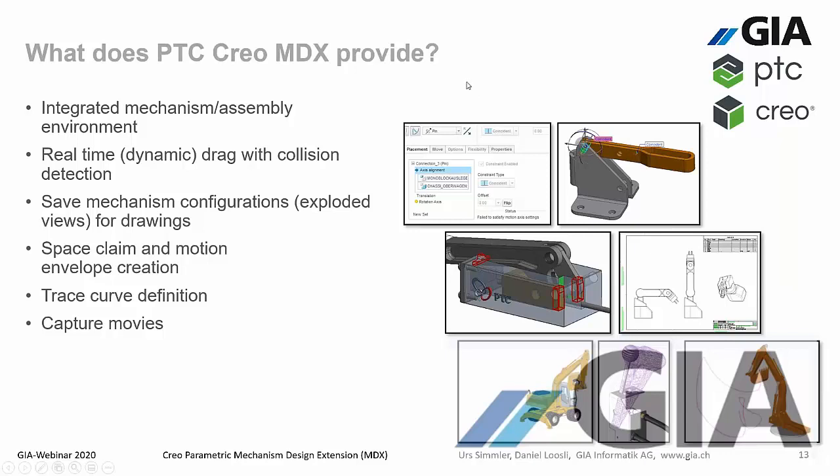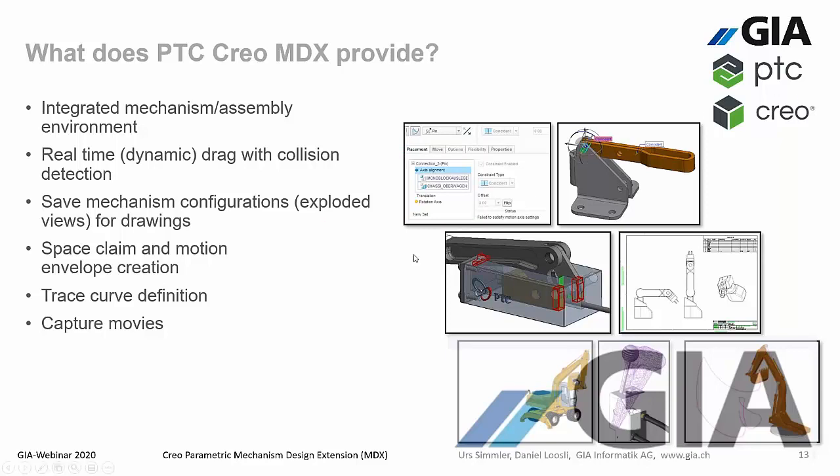And I think it's quite easy to use because it's integrated in PTC Creo Parametric. You're in assembly mode and you just assemble your components with so-called connections. Instead of using references, you're just creating connections, and with the help of the connections you can set some limits on those connections.